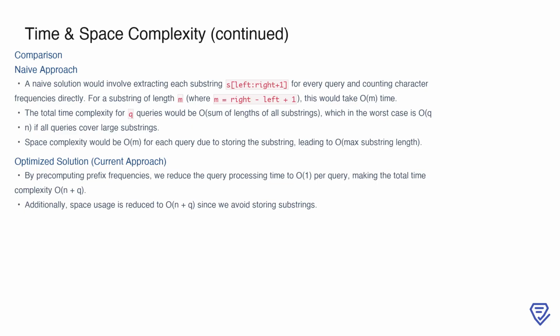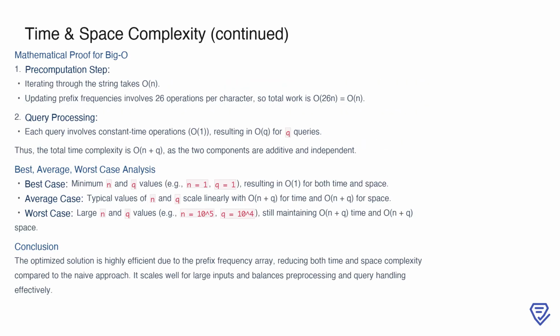In contrast, our optimized solution avoids these inefficiencies by pre-computing the prefix frequencies. This reduces the query processing time to O(1) per query, resulting in a total time complexity of O(n plus q). The space usage is also more efficient, requiring only O(n plus q) in total without storing any substrings. To validate the time complexity mathematically, consider the two main steps.